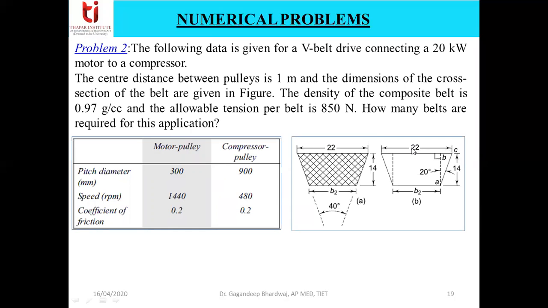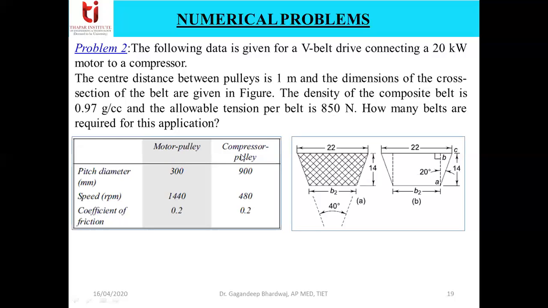In order to calculate this length B2, we require 22 minus 2 times BC, because to calculate the area we require this length B2. The density of the composite belt is given, and the allowable tension per belt is given as 850 Newton. How many belts are required for the application?